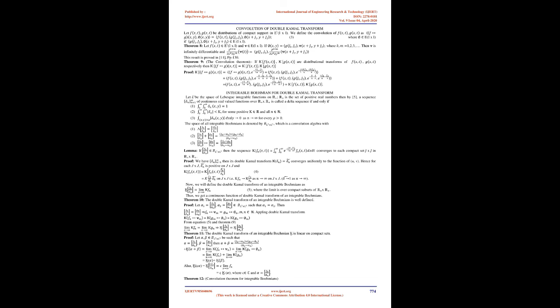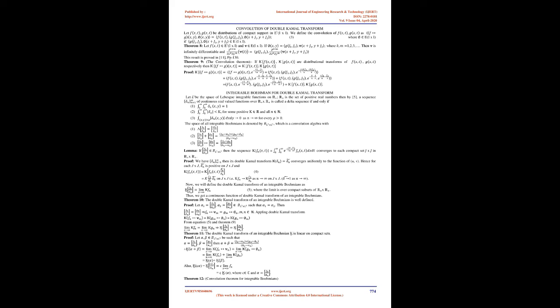Now, we will define the double Kamal transform of an integrable Boehmian as 5, where the limit is over compact subsets of X. Thus, we get a continuous function of double Kamal transform of an integrable Boehmian.